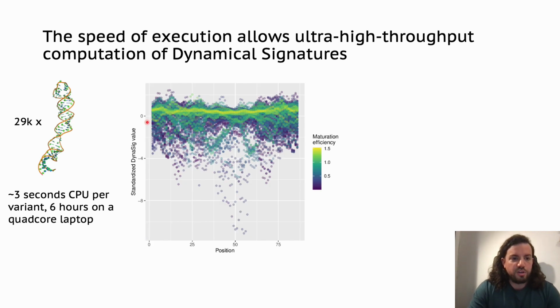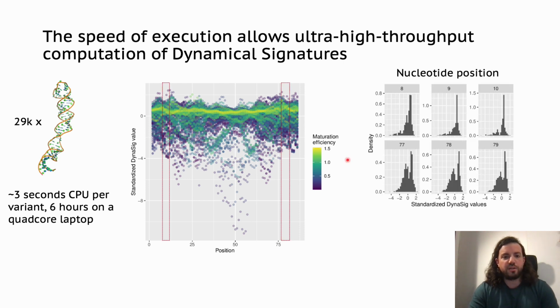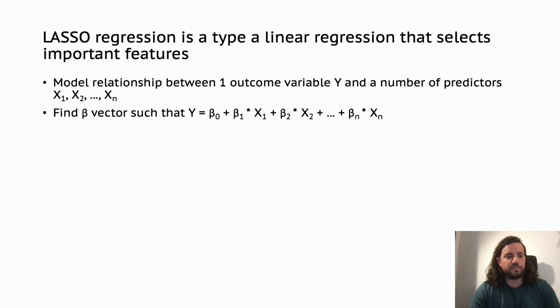Here, for example, you see the standardized dynamical signature value, so centered around 0, and the maturation efficiency is color-coded, and we can see some patterns, for example, that things that are more flexible on average seem to process better. This is just zooming in on these positions. You can see the standardized values across all the 29,000 variants.